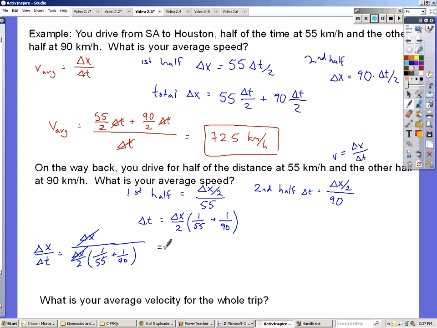Yeah, that is right. Equals 68.3 kilometers per hour. The question is, why is this average speed slower on the way back?